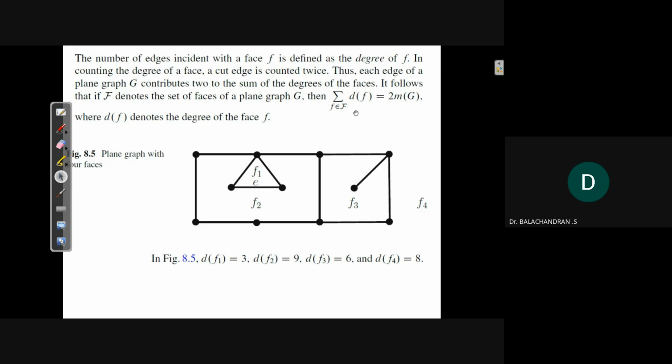So this is a new result: in a planar graph, the sum of the degrees of the faces is equal to 2 times the number of edges. Sometimes they use m, sometimes 2e.